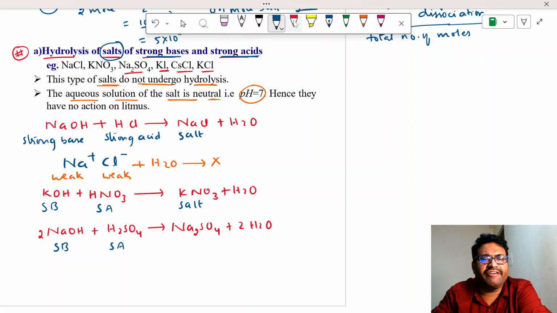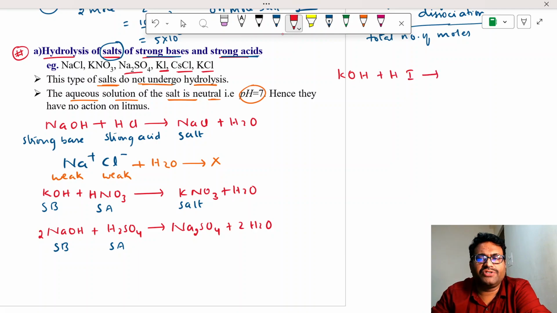In the same way, KI: KOH plus HI gives KI plus H2O. Strong base reacting with strong acid to form a salt. Similarly, CsOH reacting with HCl gives CsCl plus H2O, again a salt of a strong base and a strong acid.